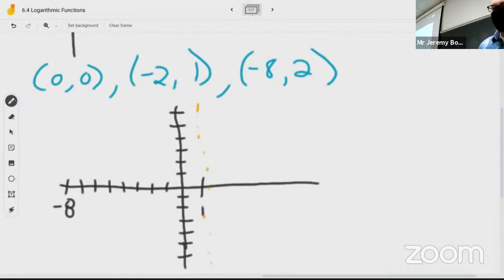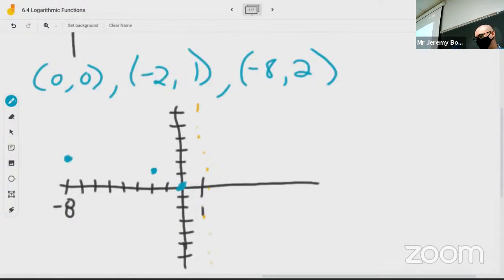So the first one we got 0, comma 0. That was easy to do. Next one we got is -2, comma 1. That's going to be here. And then we have -8, comma 2.